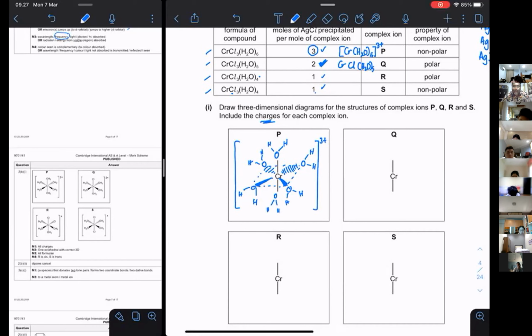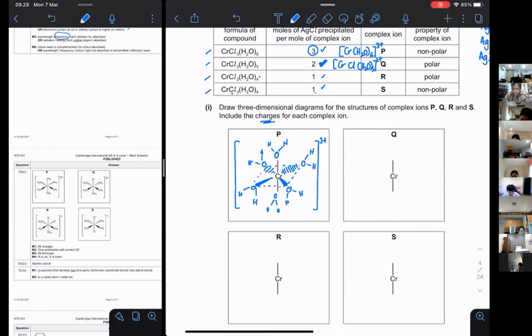You remove 2 Cl, so this is going to follow the charge of 2 plus. Each one is -1, so if you remove -1, then you get +1. You remove another -1, you get +2. If I want to write down the one for Q, similarly, there are 5 water.